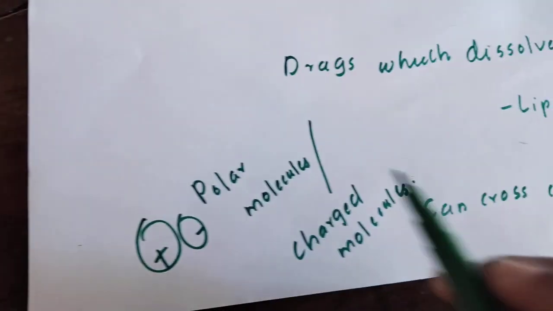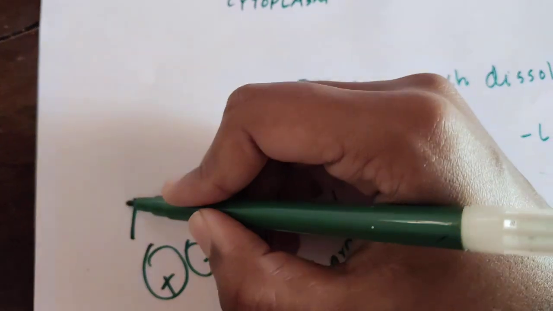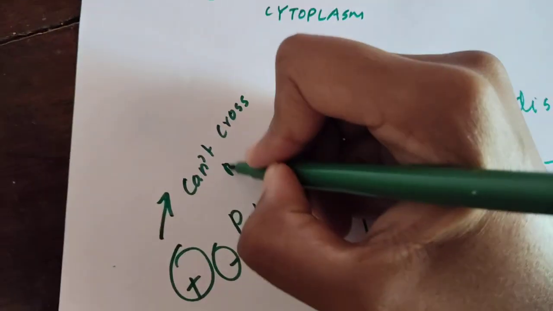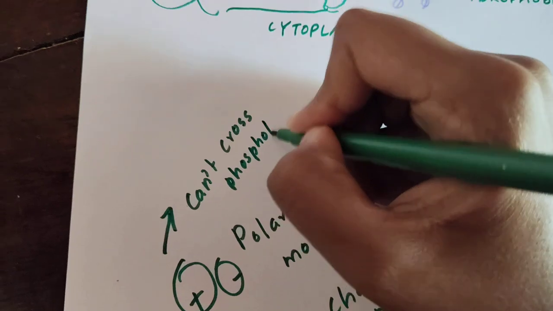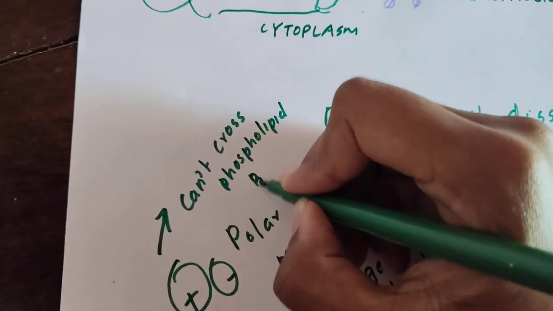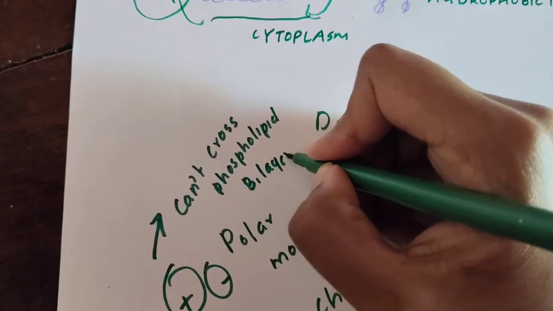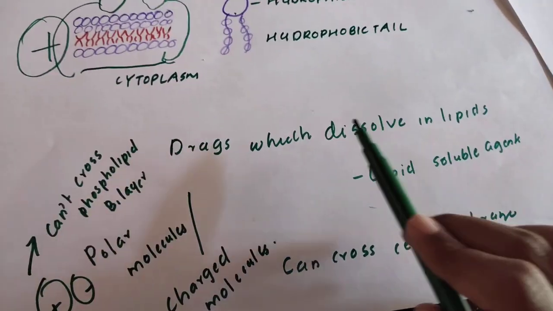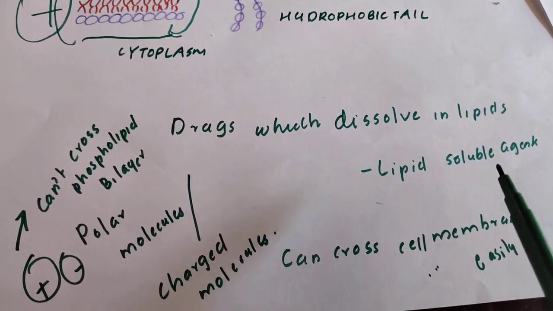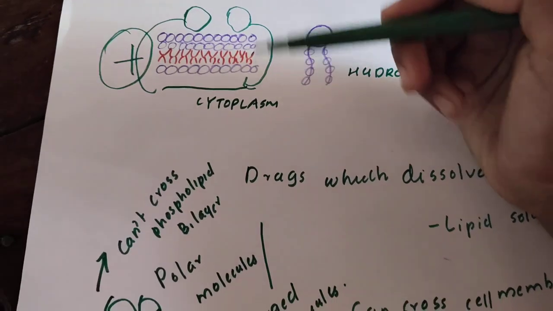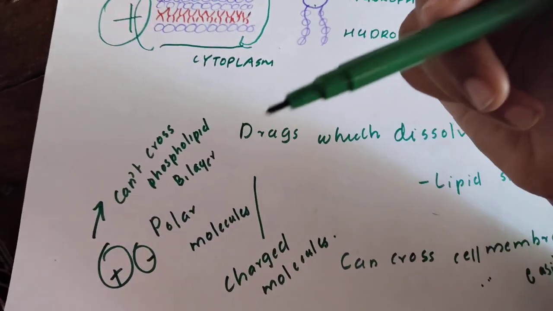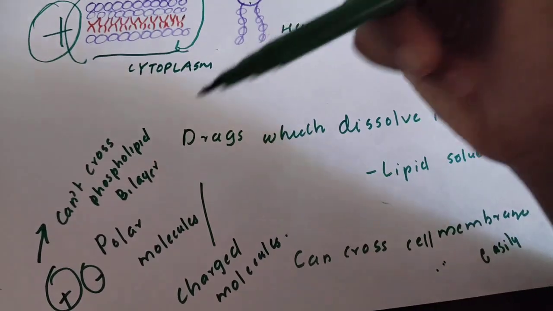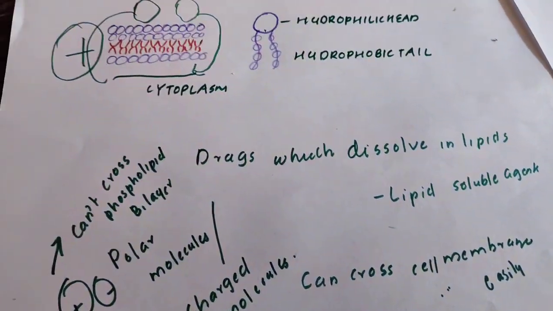So the concept here is absorption. In absorption, drugs which dissolve in lipid, lipid soluble agents, can cross the cell membrane easily. But if the drug has a charge or is a polar molecule, it can't cross the phospholipid bilayer, as it does not dissolve easily in it.